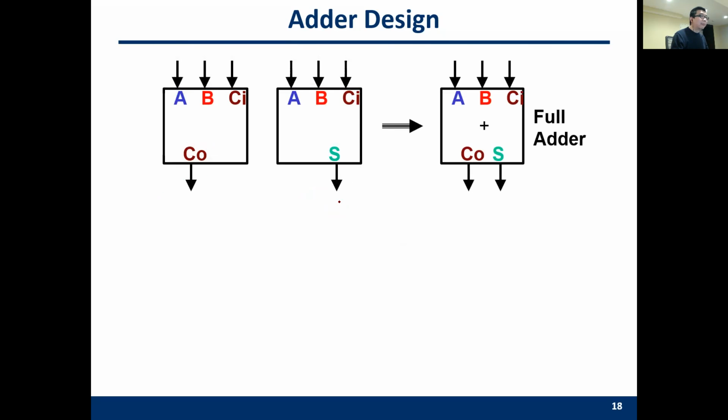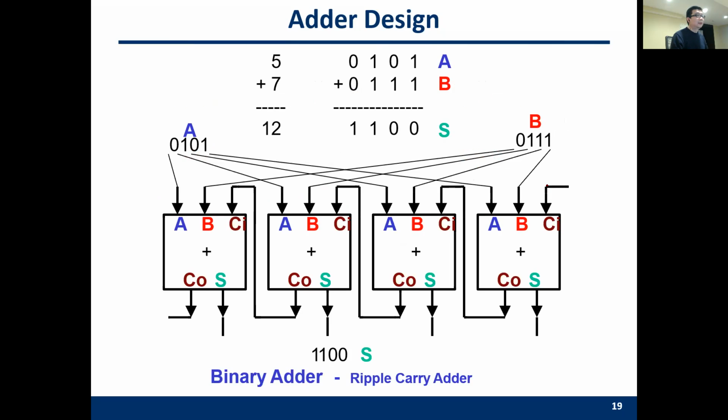And then we can combine them together as a full adder. And then we can sequentially connect the one-bit full adders into a multiple-bit binary adder. This is how we build the multiple-bit adder. And this adder is a so-called ripple carry adder.